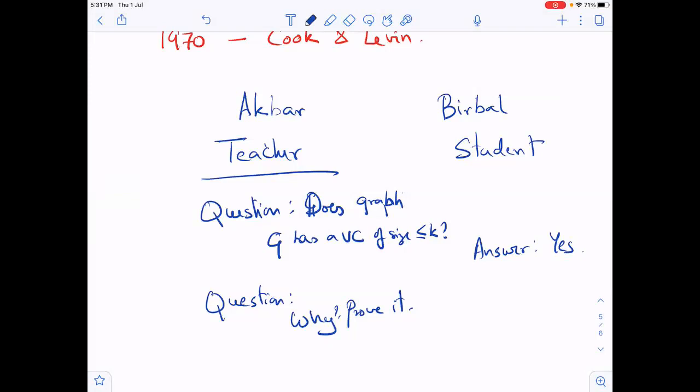Okay, good. So the answer to this one is that the student, or Birbal, whoever it is, can just provide a vertex cover. I have given you a graph and asked you, is there a vertex cover of size less than k? You just give me a vertex cover of size less than k. So what is the vertex cover of size less than k?